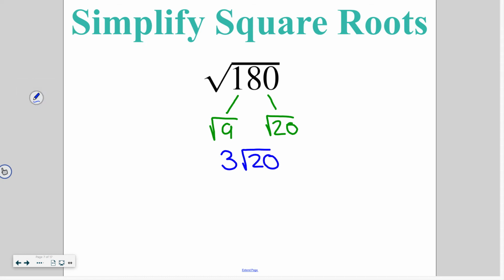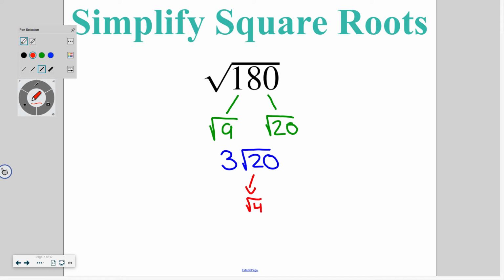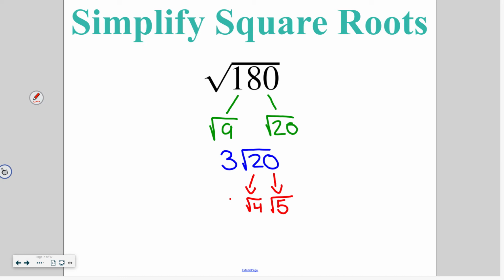I now need to double check. Can 20 be divided by a perfect square? The answer to this is yes. I can split that into the square root of 4 and the square root of 5. That 3 stays out in the front because we already took the square root of 9, which is 3.